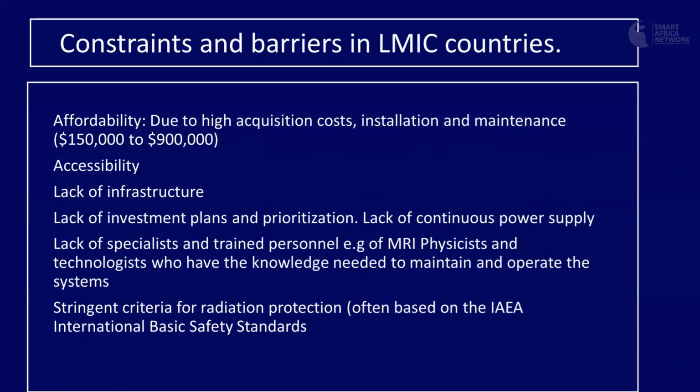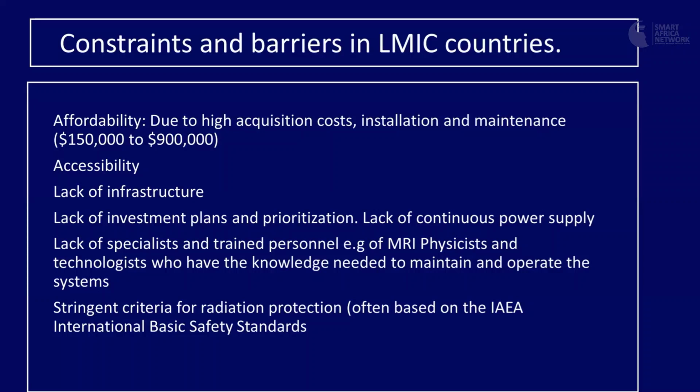The cost of acquiring it, the installation and maintenance runs from $150,000 to $900,000 or even more, depending on the components of the machine, the magnetic field strength, depending on if it's brand new or refurbished. And then talk about the accessibility. Most times these machines are located in the urban regions, while the rural regions, I've never seen an MRI located in the rural regions or the villages.